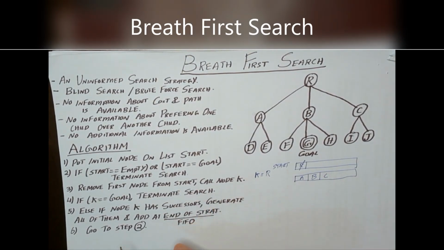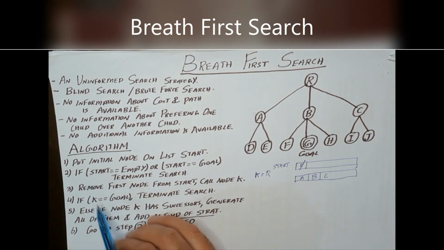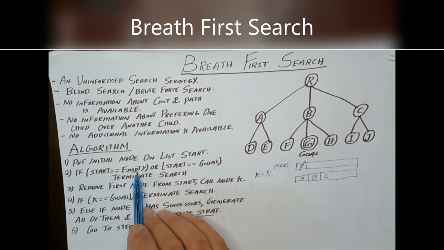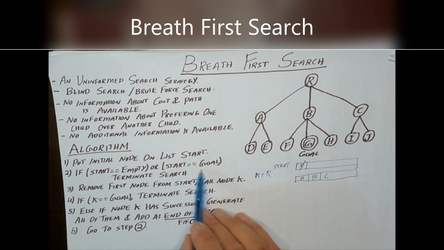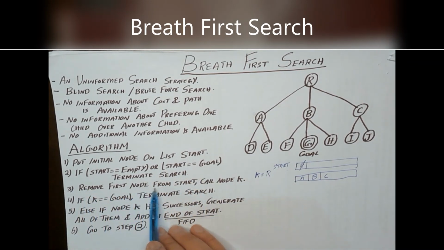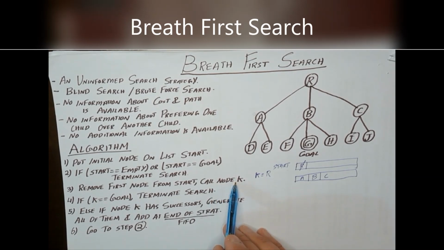Now we move on to the sixth step, where it says go back to step 2. Again, it will check if start is empty, it's not empty, or if start is goal, not goal. So we move to the next one. Remove first node from start, call it k.